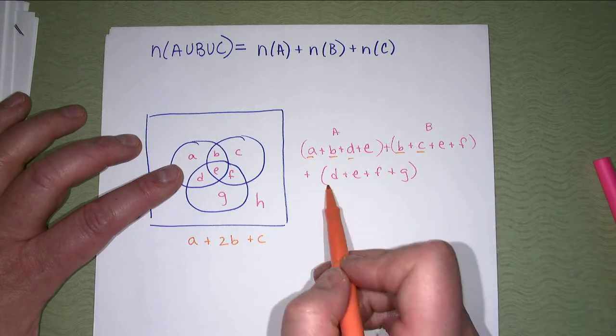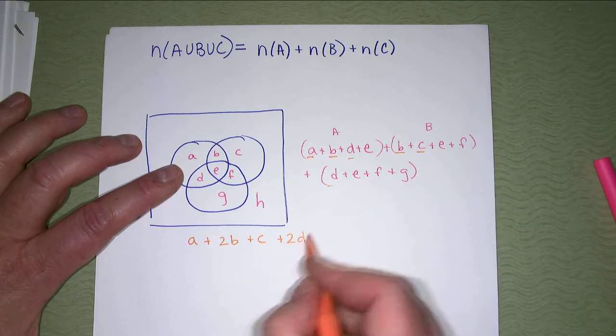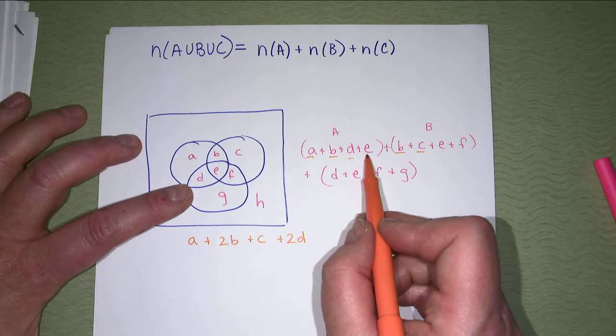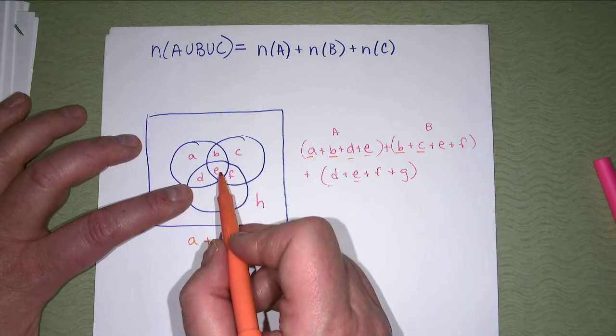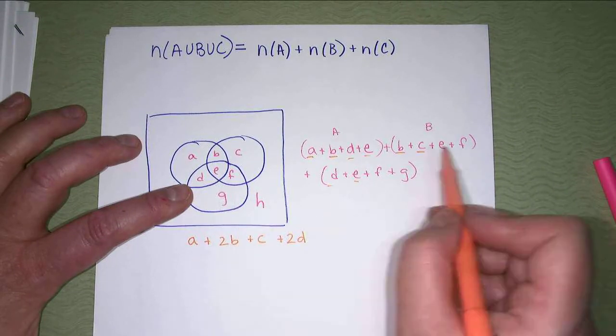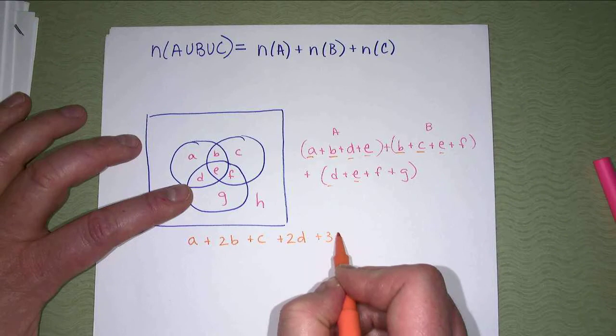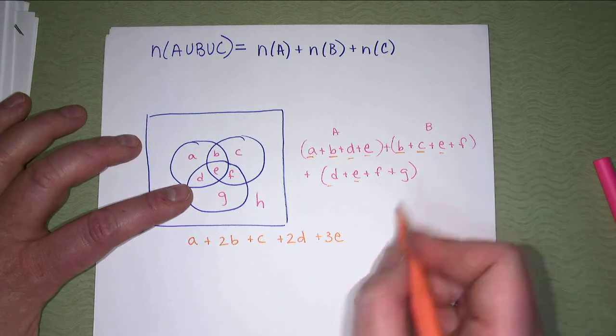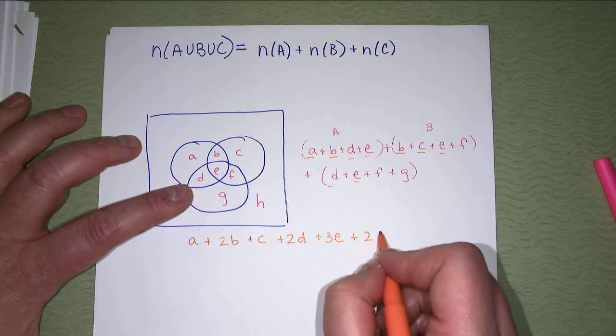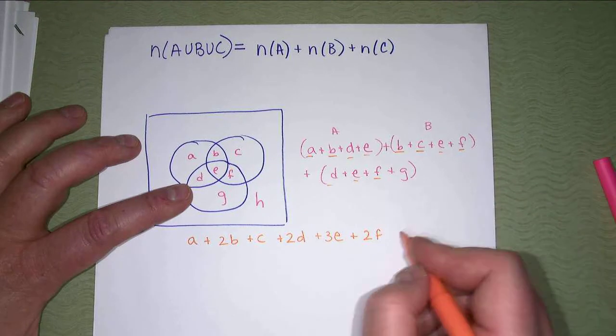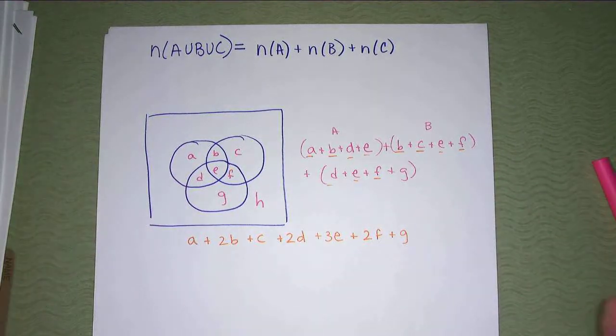Twice. E? 3 times. 3. That's that center. Right. We added it for all 3. So 3. F, twice, and G, just once.